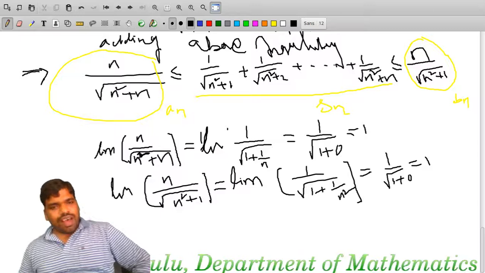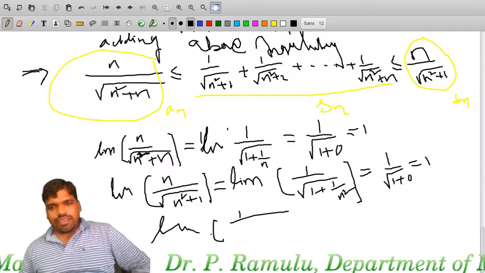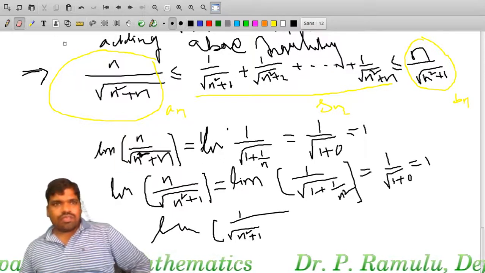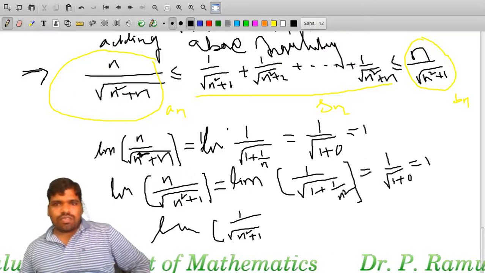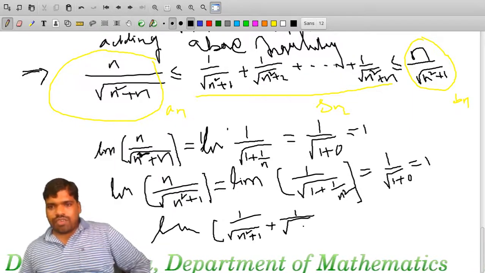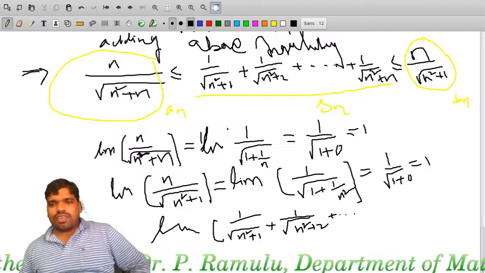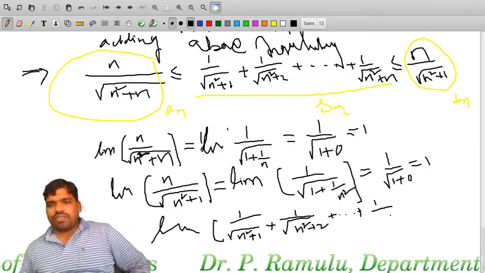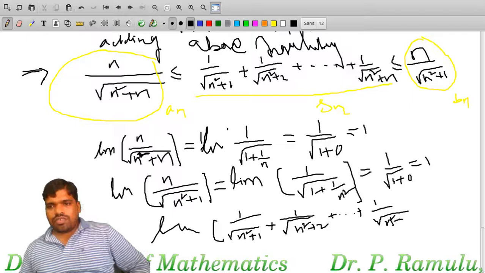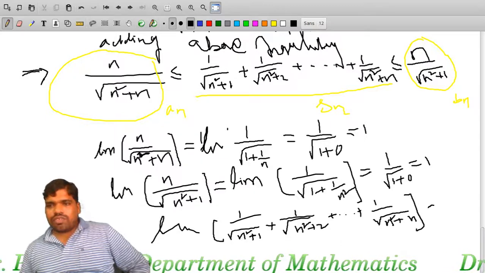Which implies the limit of 1 by square root of n square plus 1, plus 1 by square root of n square plus 2, plus dash dash dash, plus 1 by square root of n square plus n, that equals also 1, right?